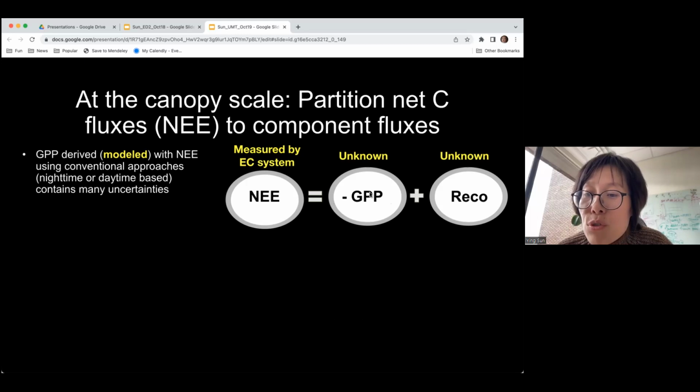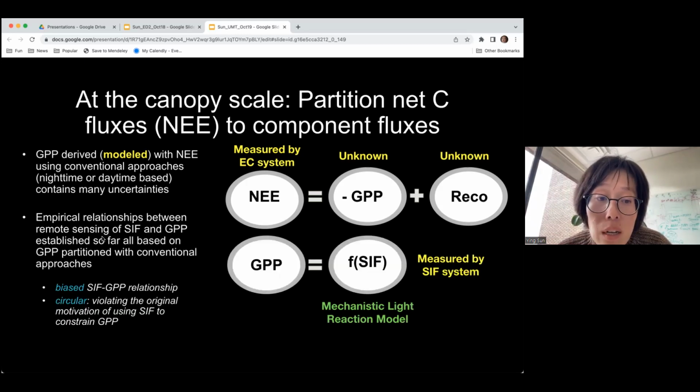But these two components, GPP and respiration, have different responses to external forces like climate and other disturbances. So we have to know the individual components and their distinct responses to environmental conditions in order to understand the future trajectory of these components, and also the net CO2 exchange. SIF was considered one of the breakthroughs to be used as a direct tracer for photosynthesis.